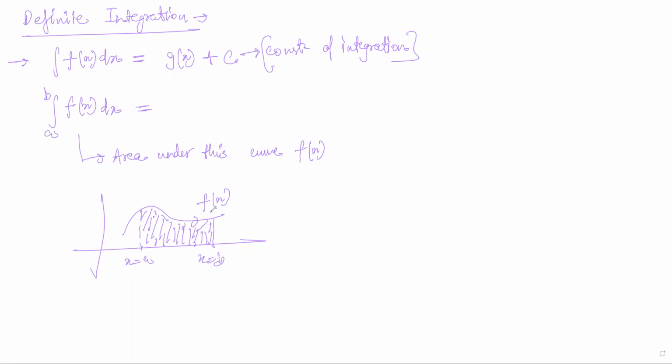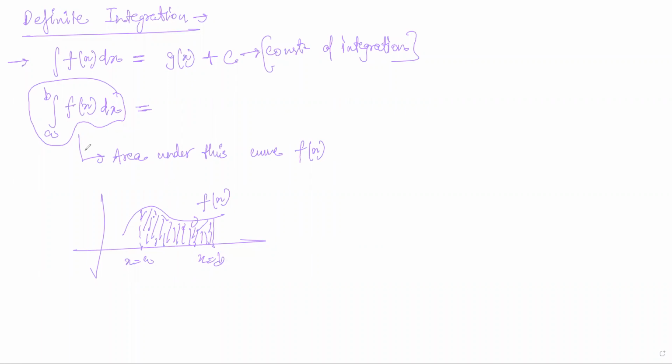So up to the x-axis, whatever the area is under this curve f(x), that is this expression: the area under curve f(x) from a to b. The limits can be anything, say x = 1 to x = 5, so you find the area under this curve from limit 1 up to limit 5. You can change that 1 to 3, and in that case the area will reduce, right?